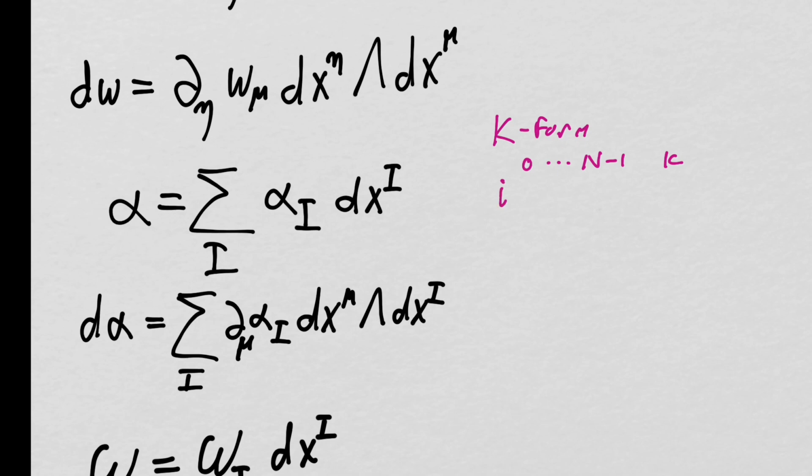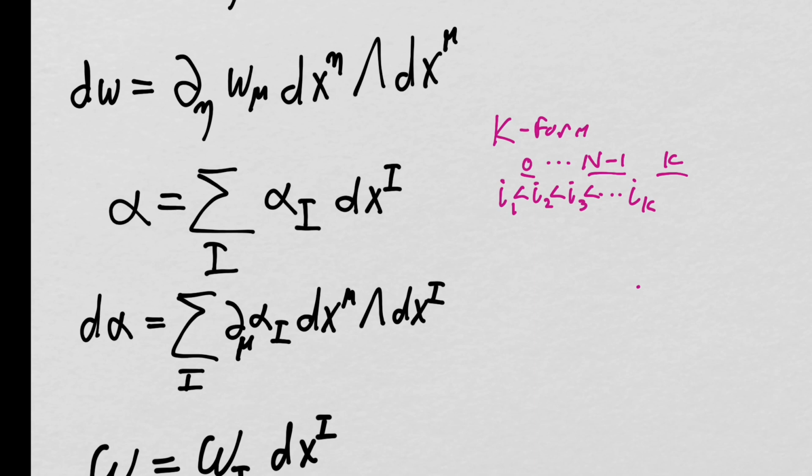So you dip into the 0 to n minus 1 objects, you pull out k. Then you take those k objects and you put them in order. And what you should end up getting is I sub 1, I sub 2, I sub 3, up to I sub k, because you've pulled out k items, and you've always got to arrange them so that they are in increasing order.